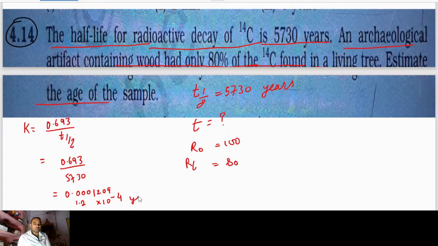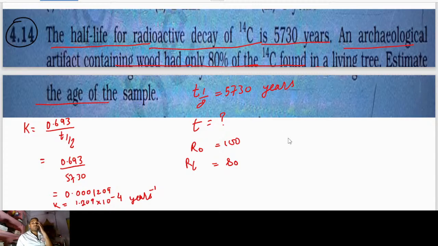This much is not the years, it is years inverse, student, because it is a first order reaction. So this is the K value we are getting. Now if you got to know the K value, you can put 1.209 also. Let us take all the values.